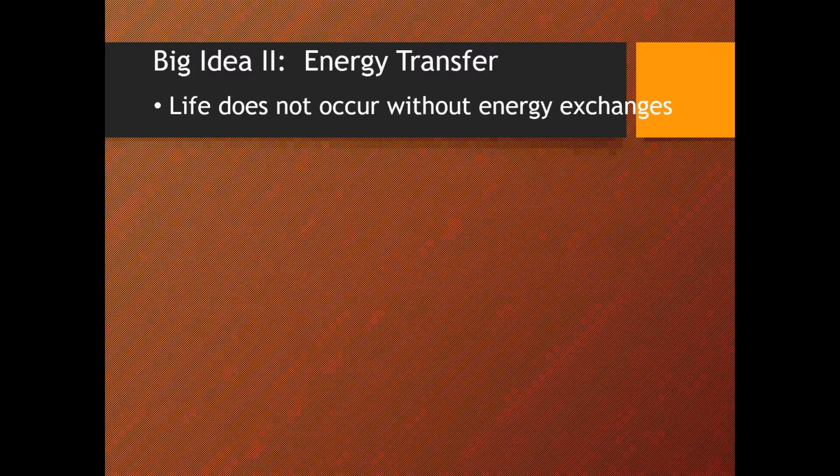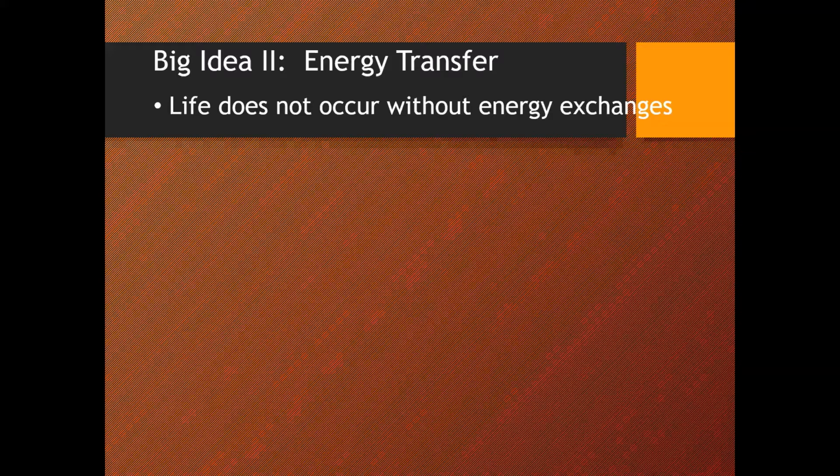So life does not occur without energy exchanges, obviously, and we need to know where our energy comes from. It comes from the sun, and then we need to know how it gets to living things. So we need to talk about the process of photosynthesis, and we need to talk about the process of cellular respiration. But we need to put those into context with ecosystems.